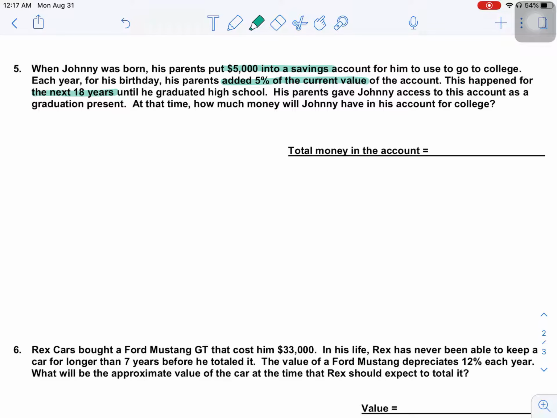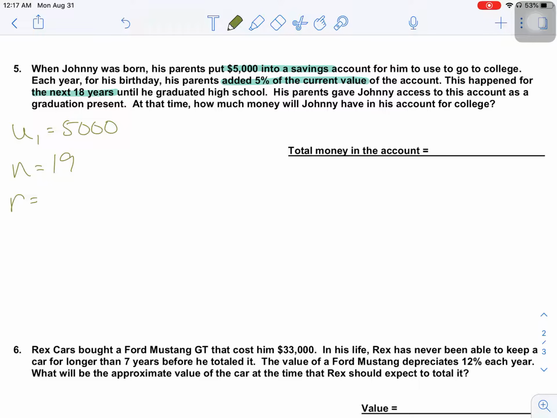All right, so things I know. I know U sub 1 is equal to 5,000. So U sub 1 is where we started. It has been 18 more years, so a total of 19 years here.